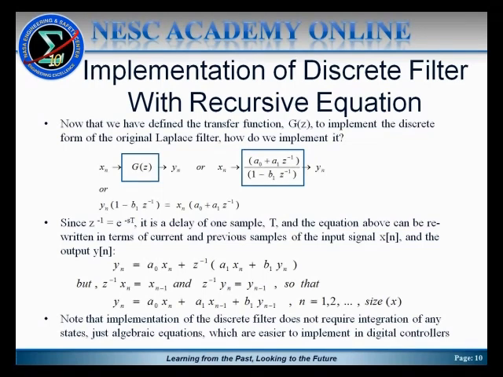So again, solving for y sub n in the equation above, y sub n equals a0 x sub n plus z inverse times a1 x sub n plus b1 y sub n.